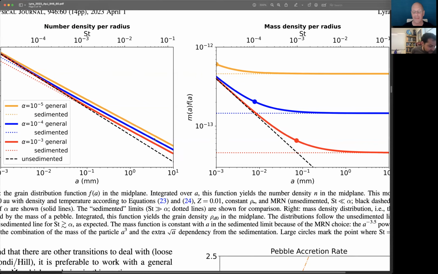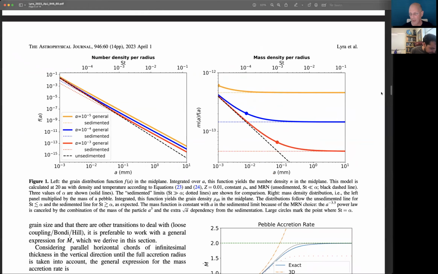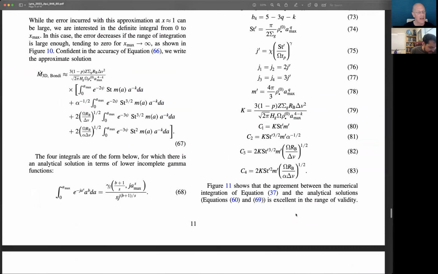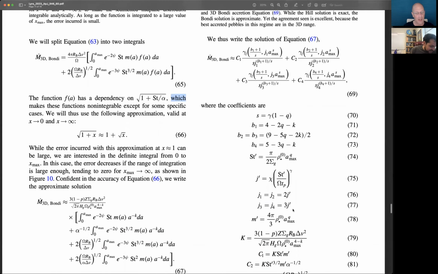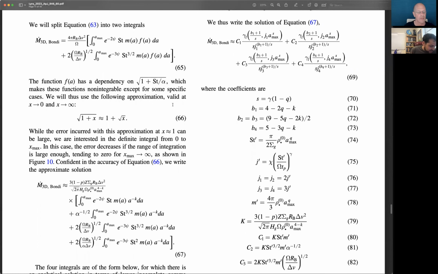So if you go back to equation 65. Yes, I'm with you. Let's go back to 65, and there we go. That was a trick, equation 66. It was like square root of 1 plus x is approximately 1 plus square root of x.